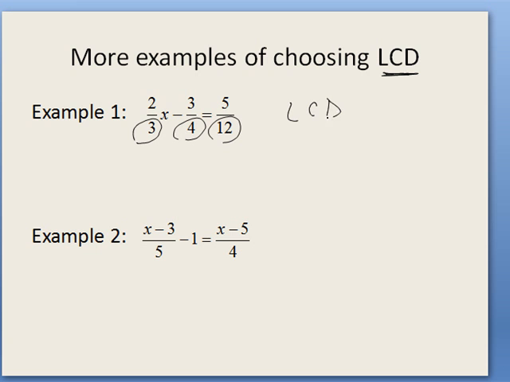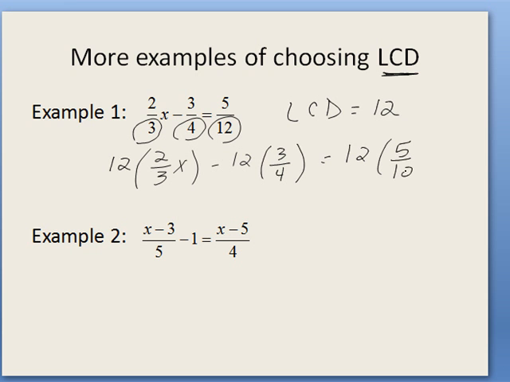And hopefully you'll come to the conclusion that the LCD here would be 12. And then you would multiply all 3 terms by this 12. So I'm going to write out this step. And then you would proceed through multiplying that out and simplifying, and that would clear out the fractions.